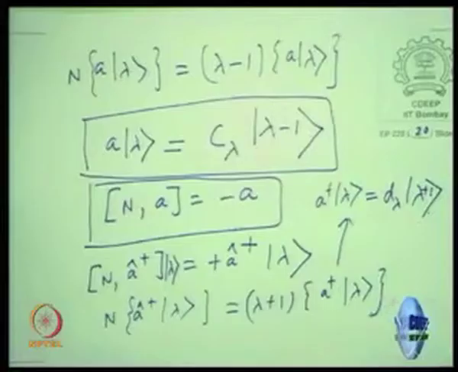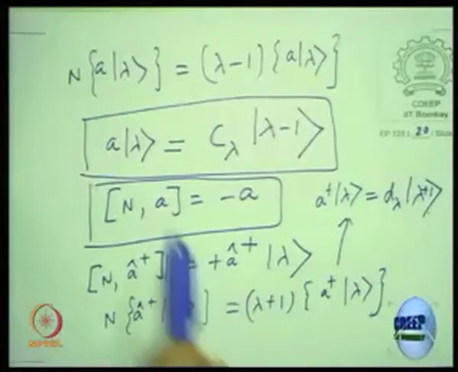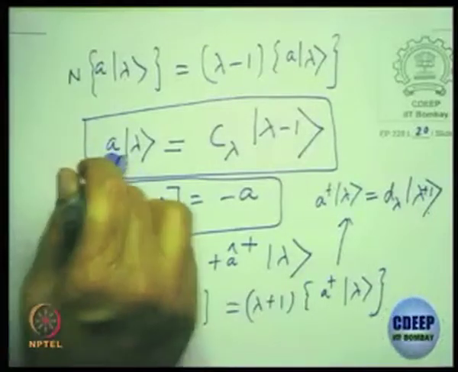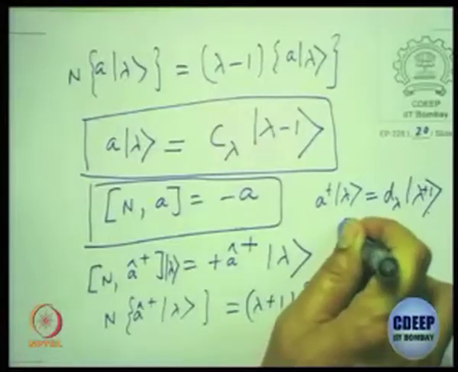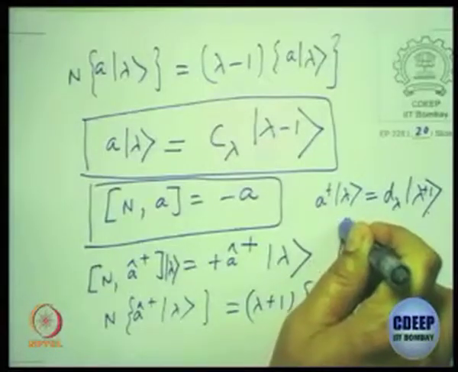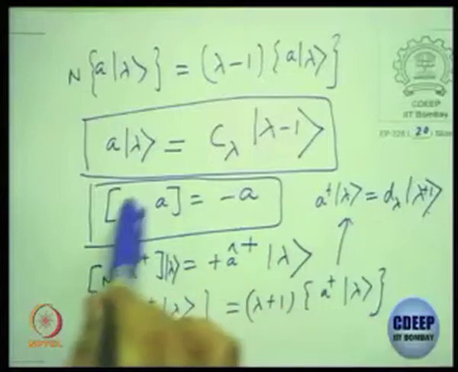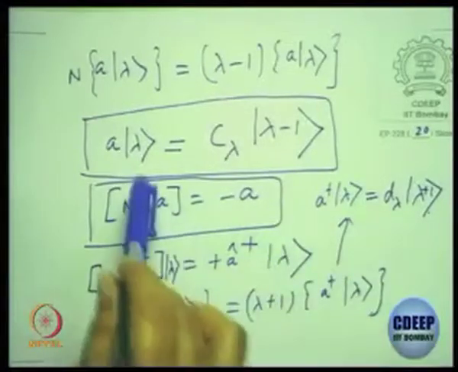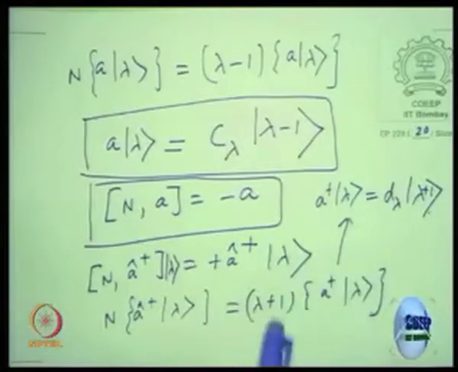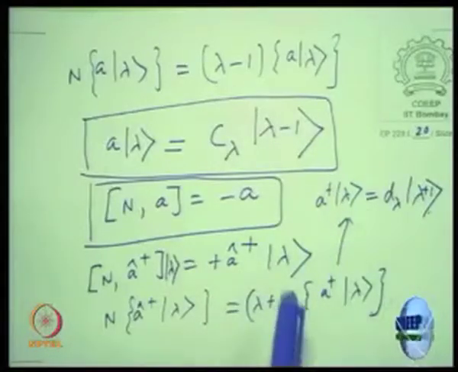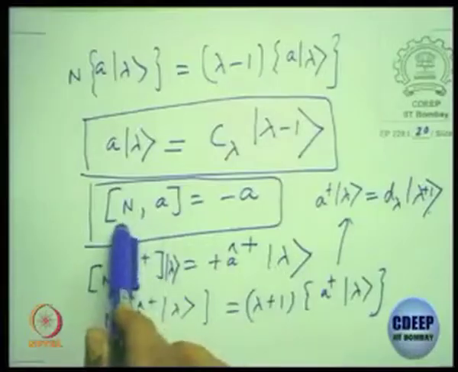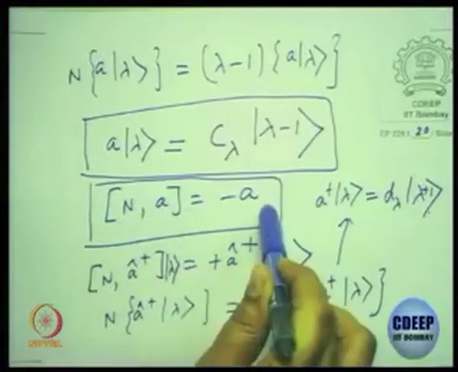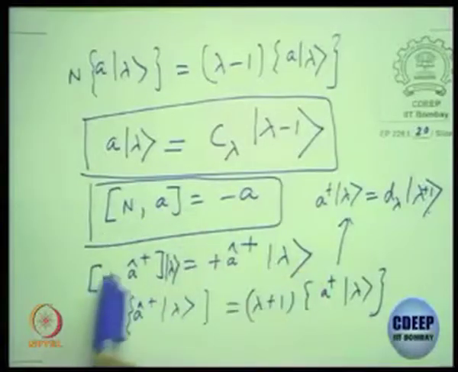So clearly, lambda is not an eigenstate of A or of A dagger, which is expected because the commutator is non-zero. They can't share simultaneous eigenstates with the N operator, because the commutator of N with A is non-zero and the commutator of N with A dagger is non-zero.